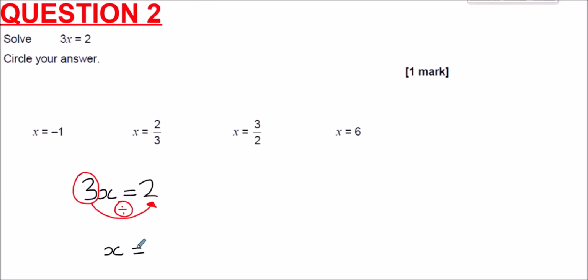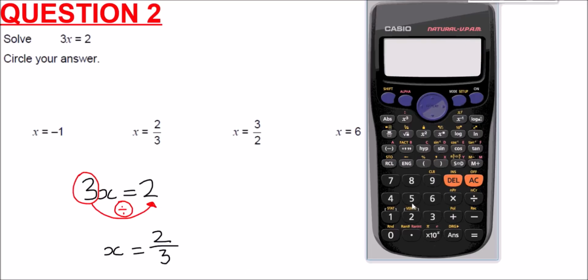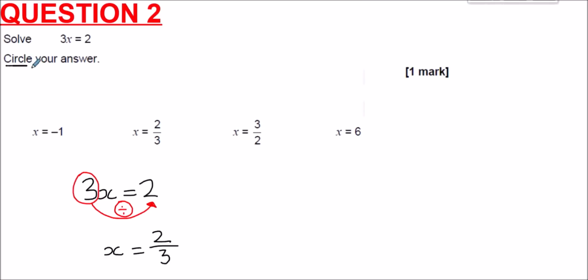And so x would be 2 divided by 3, which of course we can just leave as a fraction, 2/3. And with a decent enough calculator, if you did do 2 divided by 3, it should put it into 2/3 for you anyway. And so the one to circle for question 2 is that x equals 2/3.